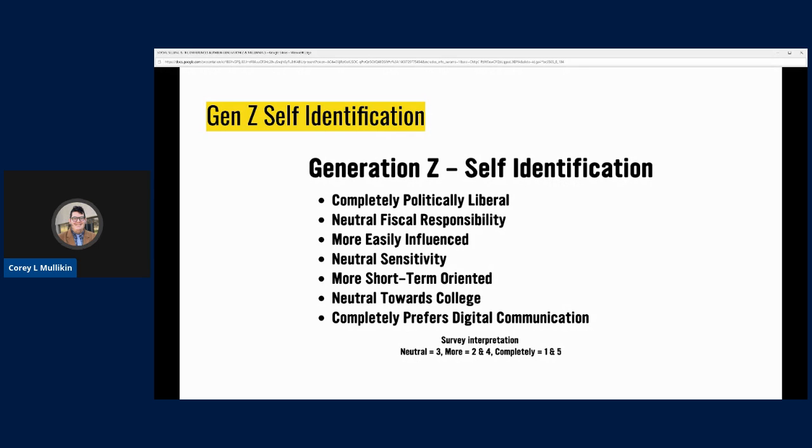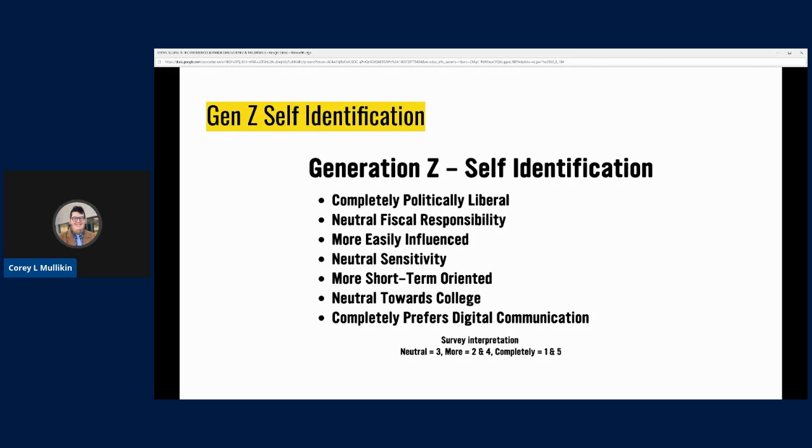We often say that younger generations are easily influenced and swayed by maybe the person on YouTube or that influencer on Instagram. Well, they actually agreed. They said that they were more easily influenced by people. Now, this has a lot of implications because it means, in theory, selling to them will be a lot easier.